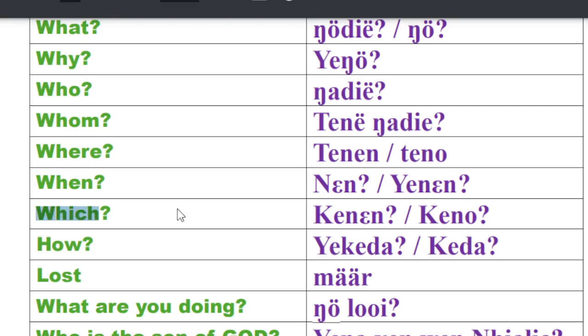The other question is which. Which is like you are choosing between two things or three things. So in Dinka, kenen or keno. Between cows and goats, what do you love?